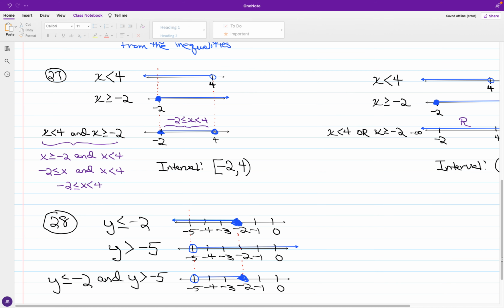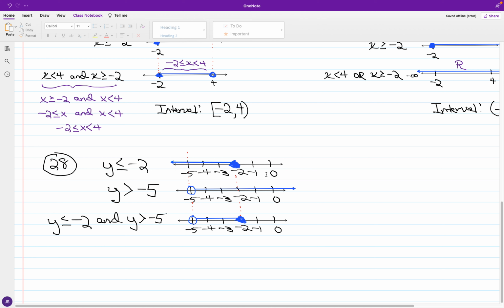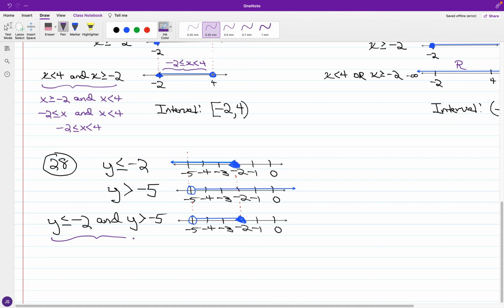And so once we combine, again, we're going to have a compound inequality, where in terms of the readout, if you were to join together, you would have that -5 is less than y, which in turn is going to be less than or equal to -2.